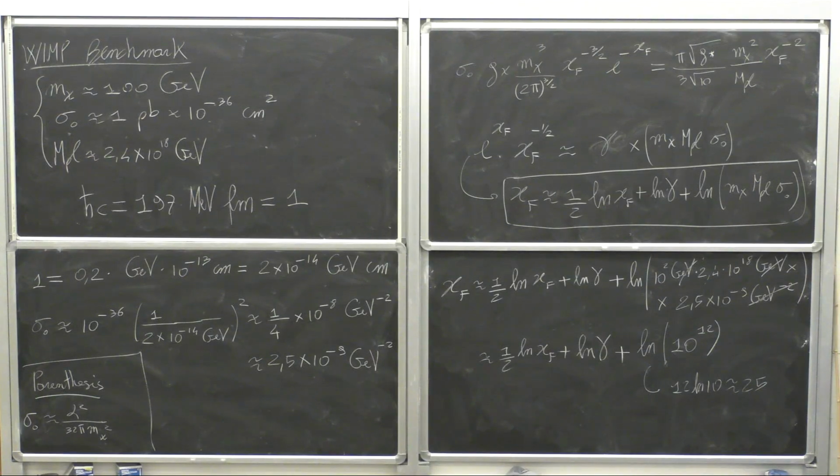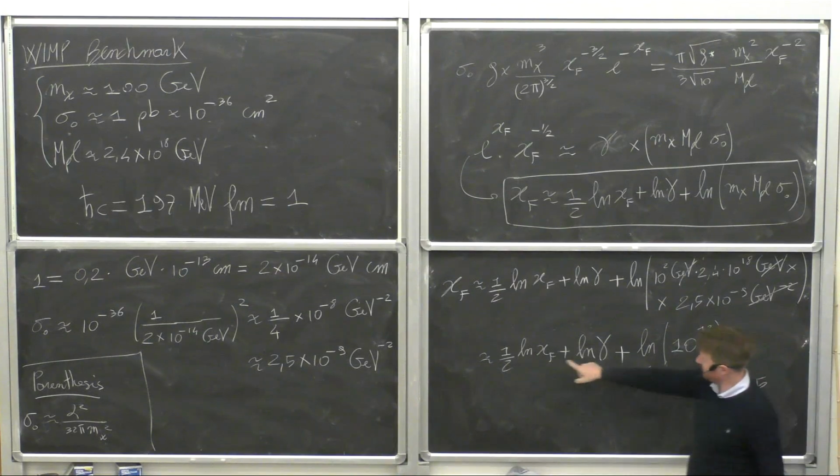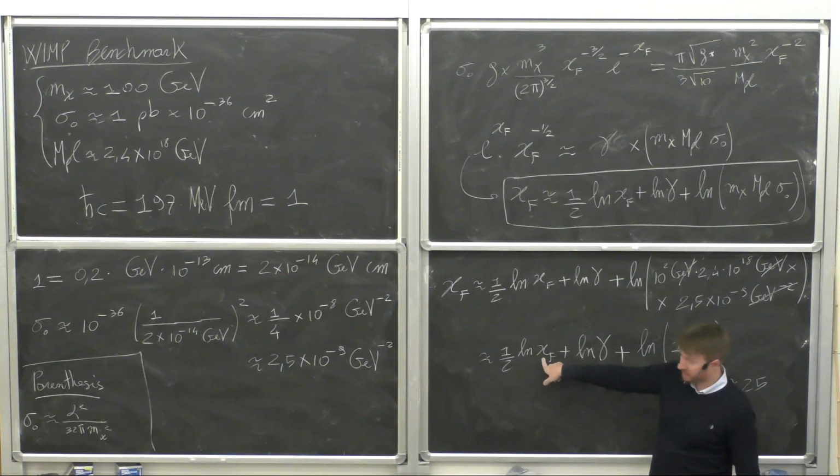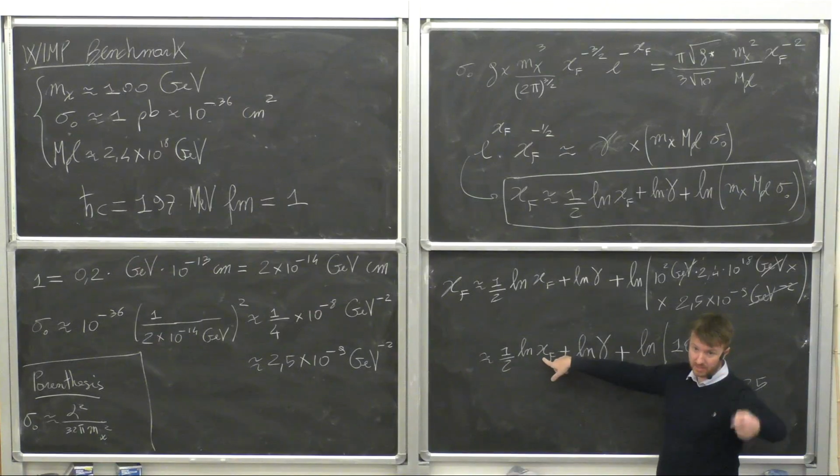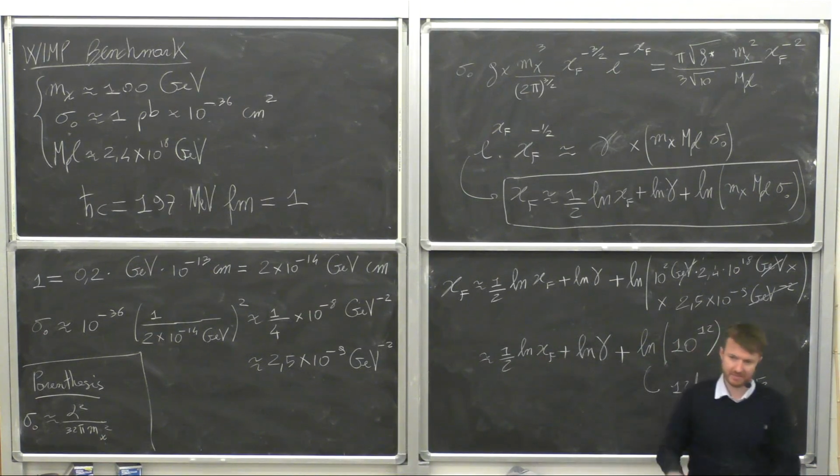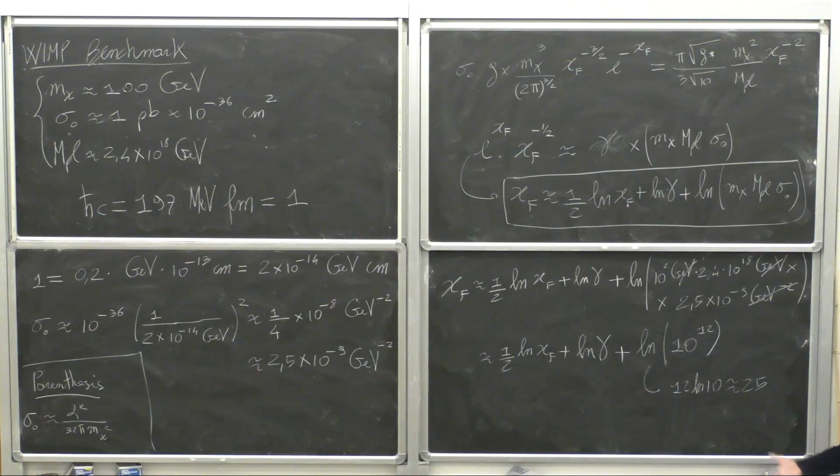So this 25 is really what sets the freeze-out temperature for this class of candidates with weak scale mass and cross-section. And you see, I'm missing this, but if I solve this equation through iteration and put this solution back, the log of 25 is not a big correction, so it converges pretty fast.